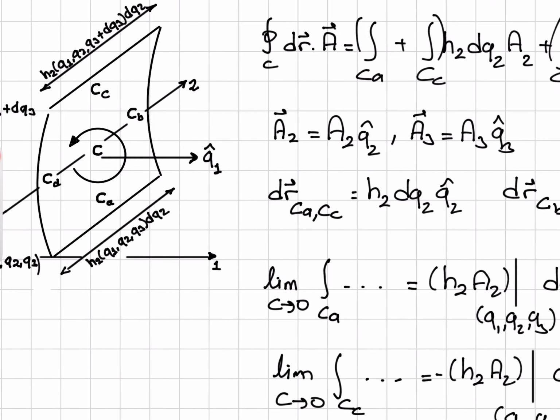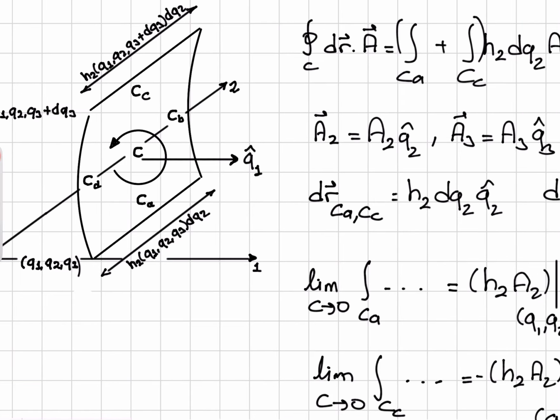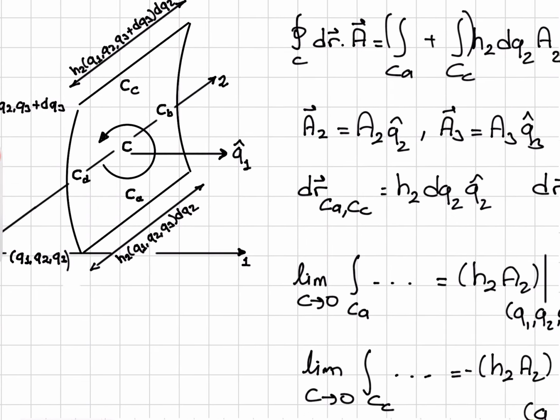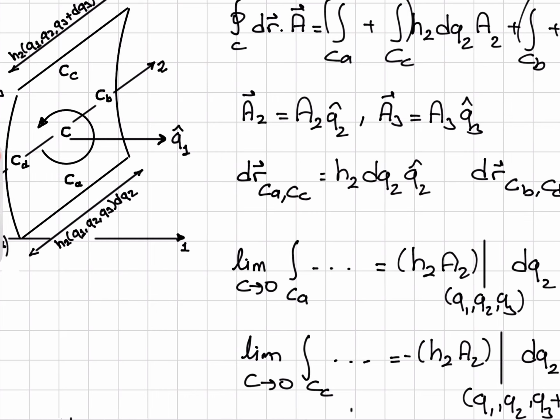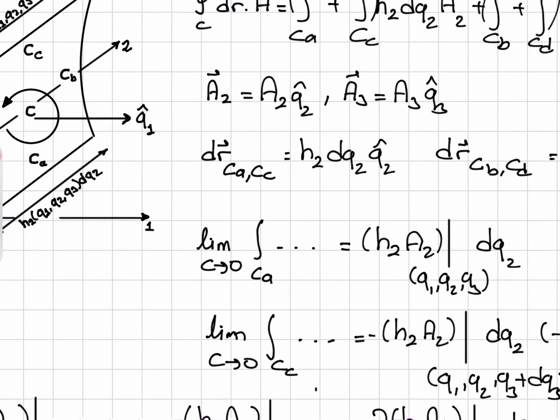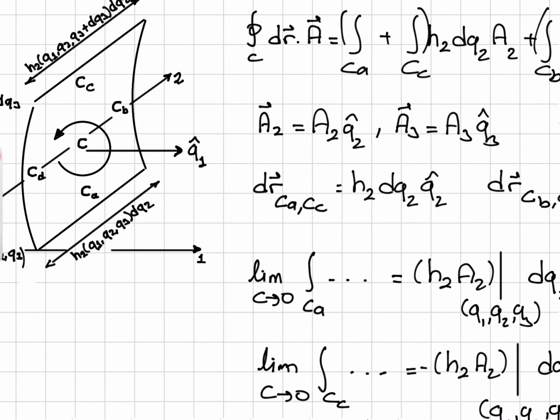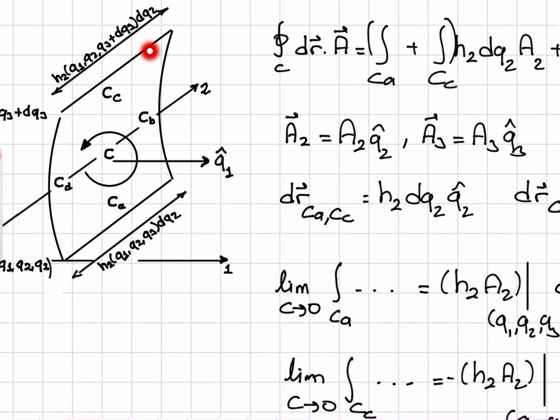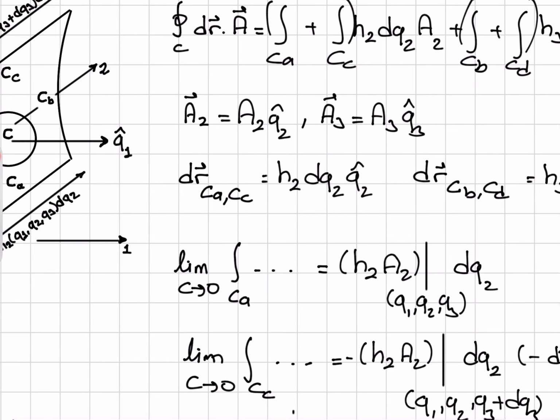If we move to the top, we have moved from q3 to q3 plus dq3. We would have the same thing, h2 A2 dq2, evaluated at q1, q2, and now q3 plus dq3. But because we're moving in the minus q2 hat direction, this would have a minus sign: A2 q2 hat dot product with minus h2 dq2 q2 hat.